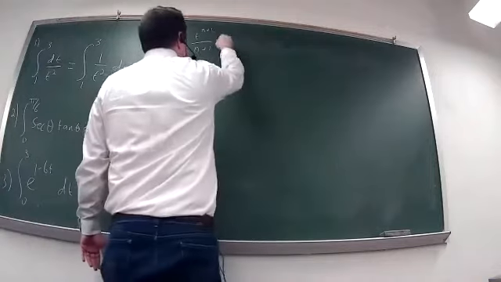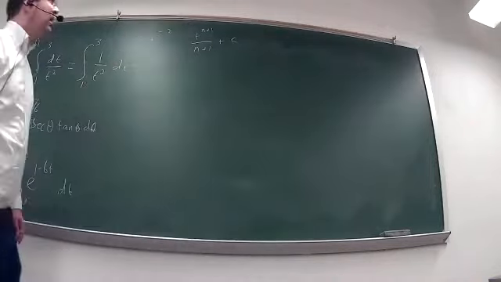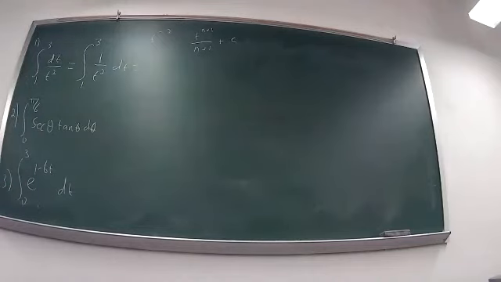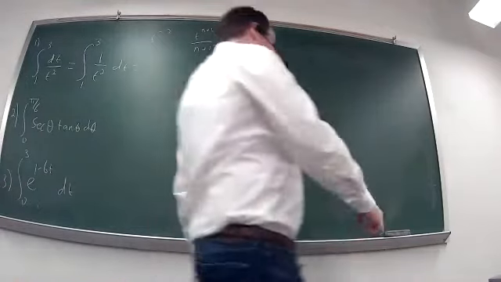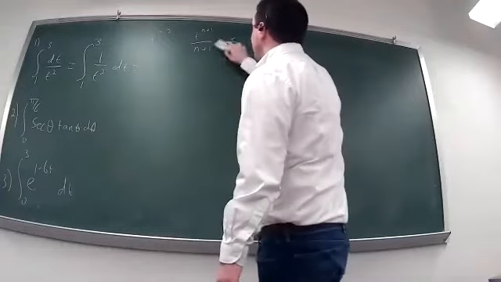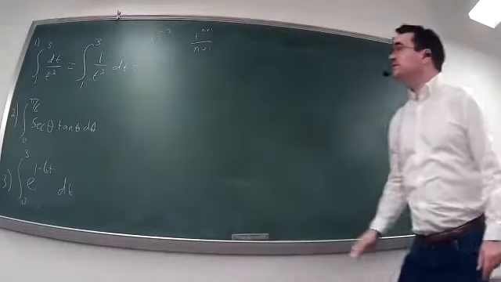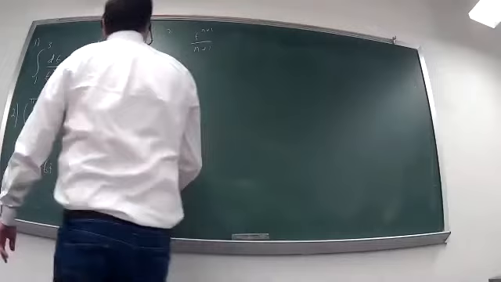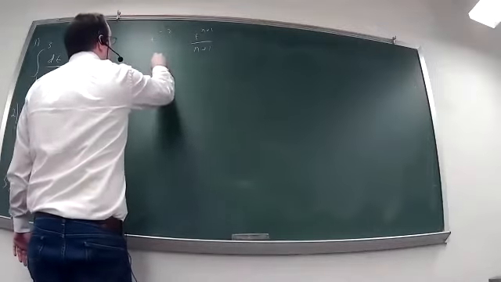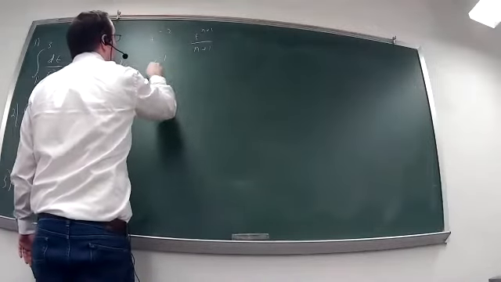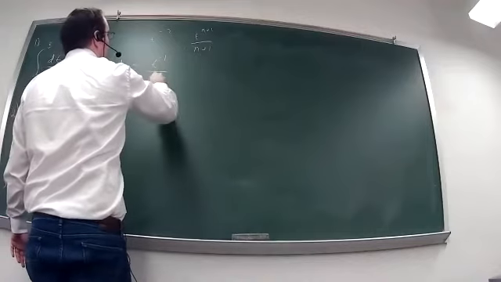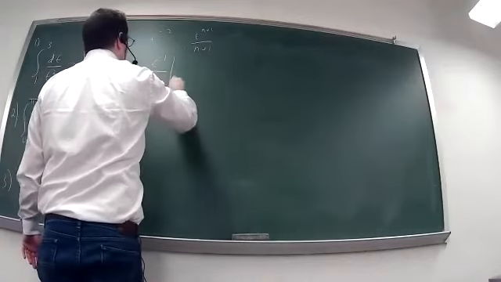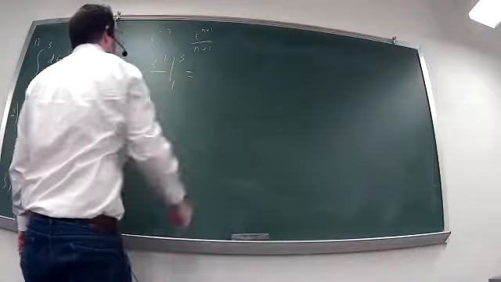And of course, you could add a constant to this, but any antiderivative will work. So why not just choose the constant that you add to be equal to 0? So I'm going to pick t to the minus 1 over minus 1.